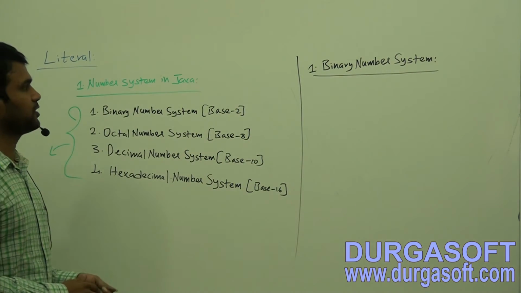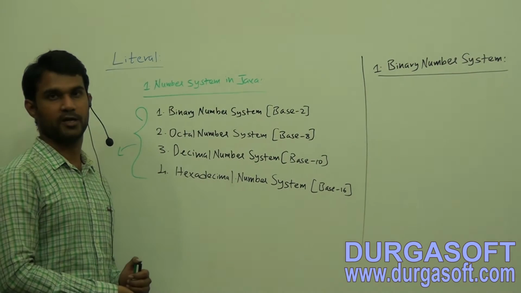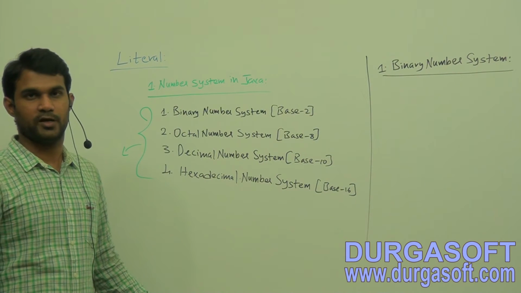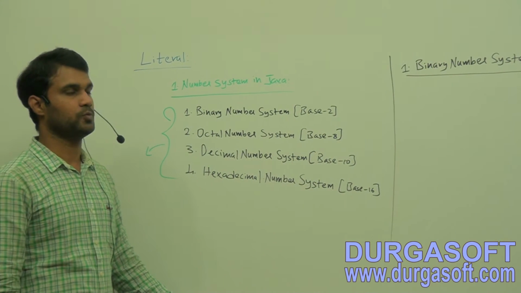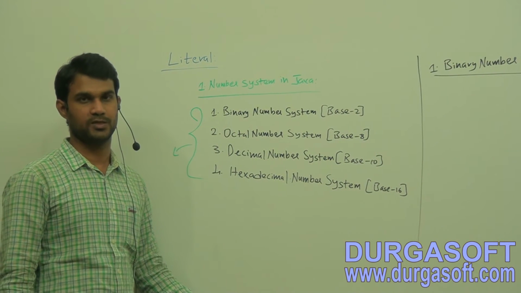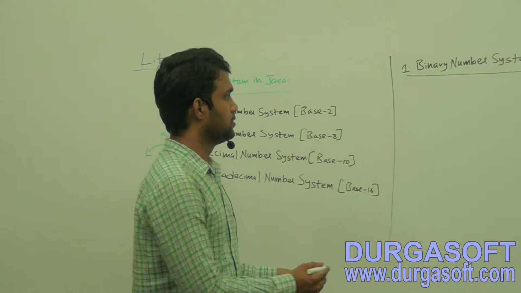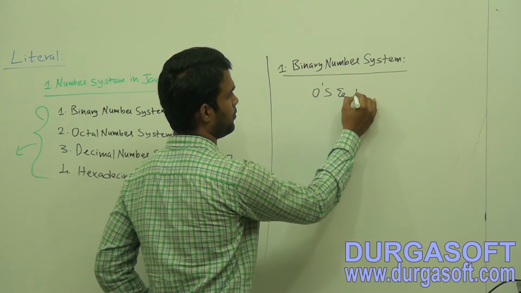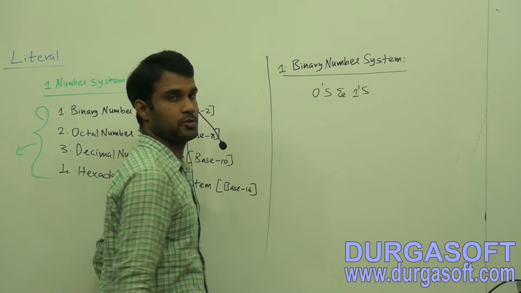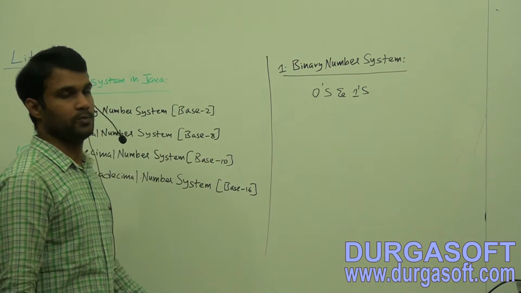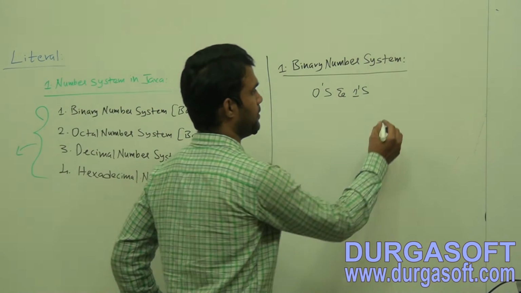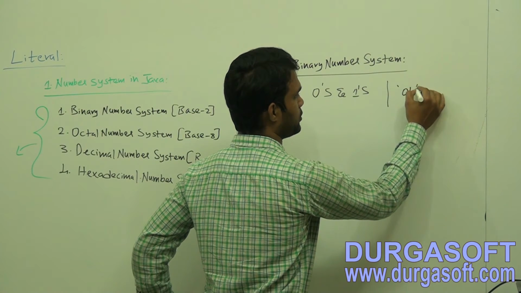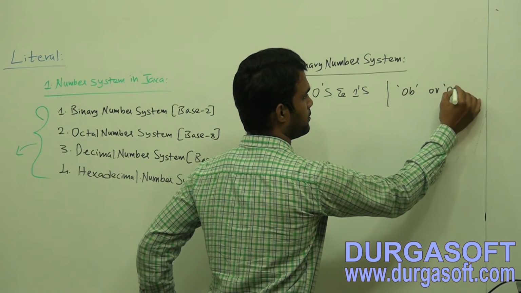So first of all, how can we represent a number in the binary number system? If you want to represent a number in the binary number system, then we have to prepare the number by using the symbols zeros and ones, and it should be prefixed with 0b or 0B.